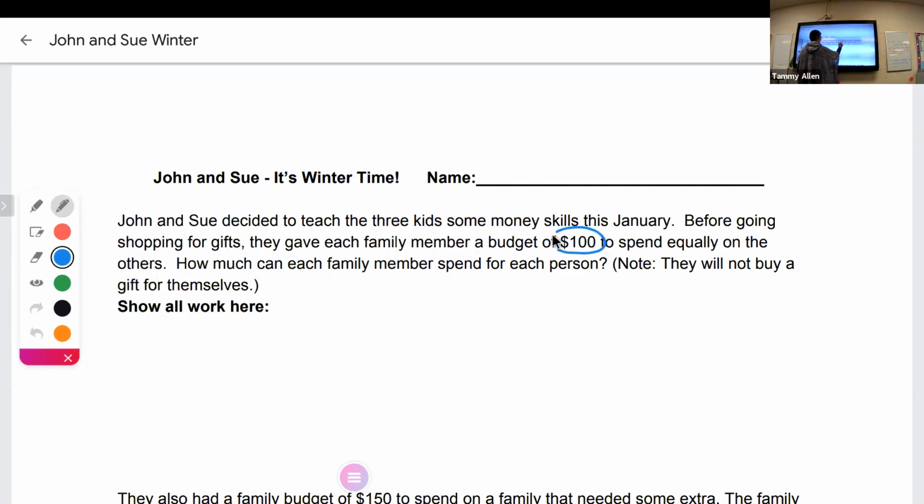We've got $100 to spend, okay. Anything else that's important here? There are 3 kids. Anything else we need to know?